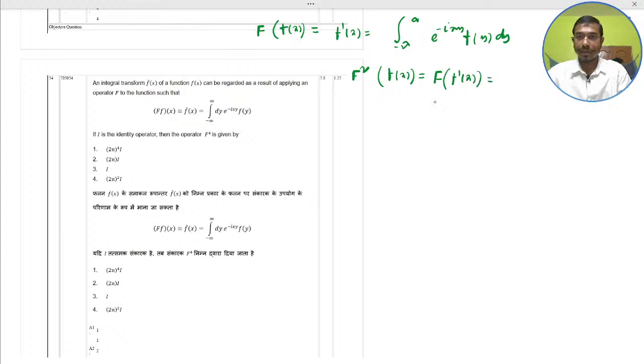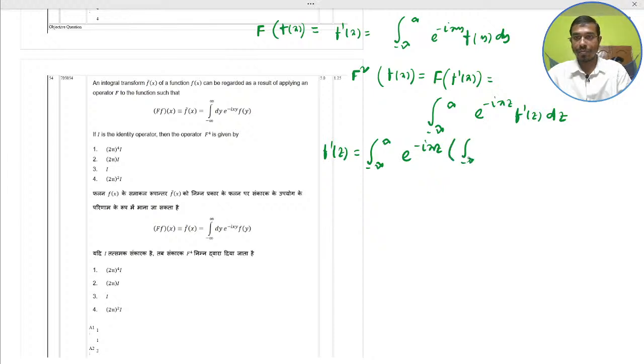This is the integral from minus infinity to infinity e to the power minus ixz f dash z dz, because f dash z is the integral from minus infinity to infinity e to the power minus izy f(y) dy, whole dz.